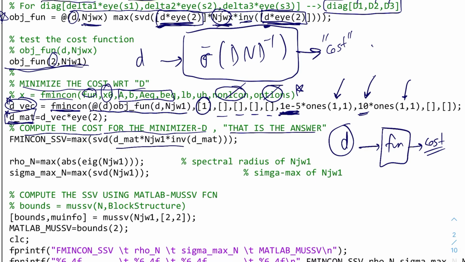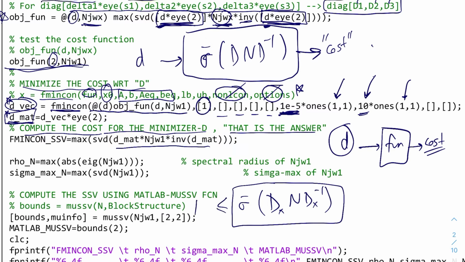Okay. Here, just check this expression. Again, notice this is, let's call it Dx and Dx inverse. Dx is the thing that we just found, right? Okay. And this is the upper bound for SSV. Okay. And in addition to that, we also computed the spectral radius of N and also sigma max, right?